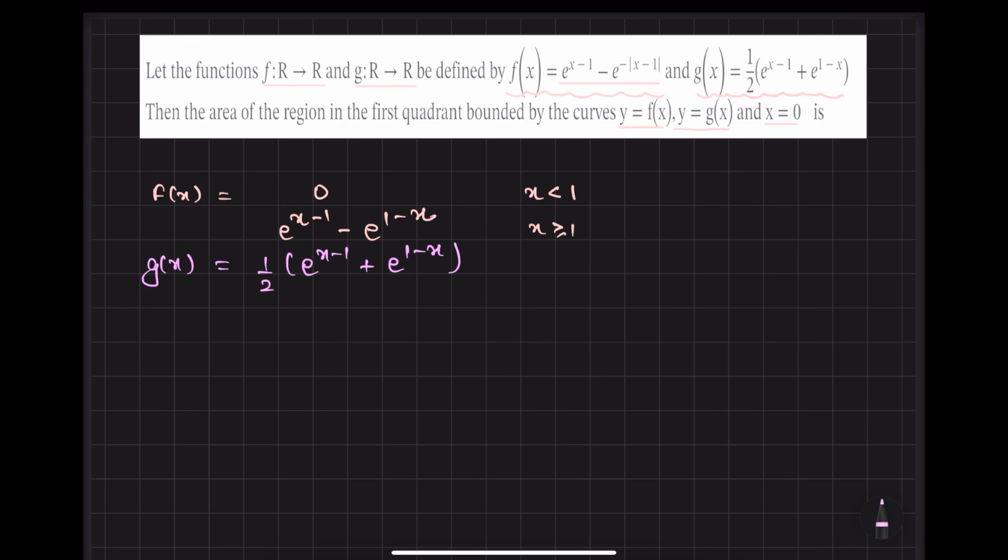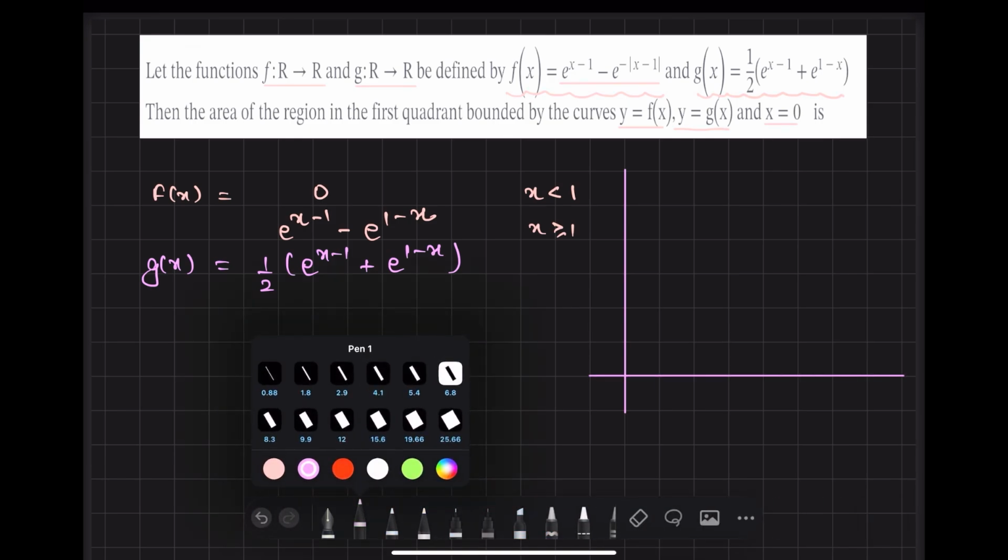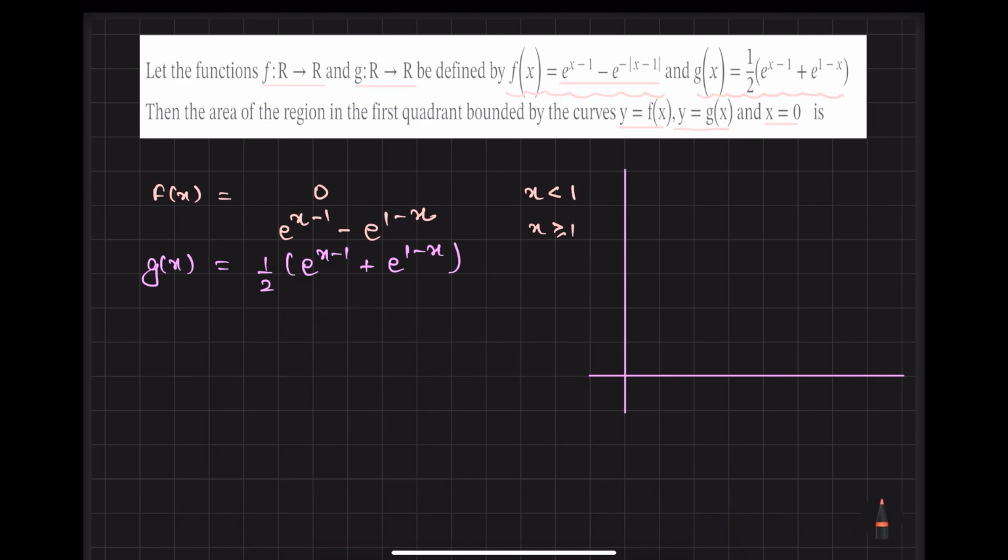Now let's try to draw the diagram, and it is everywhere true. So we have to draw a diagram in the first quadrant only. So look at here. So till 1 it is 0.